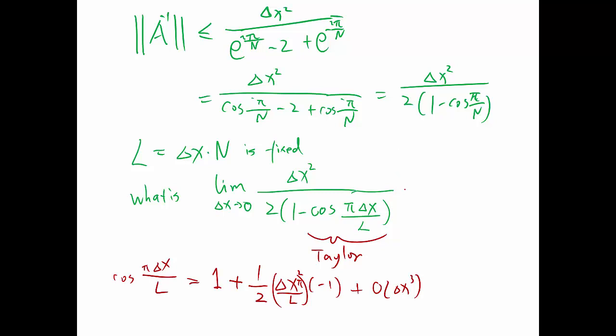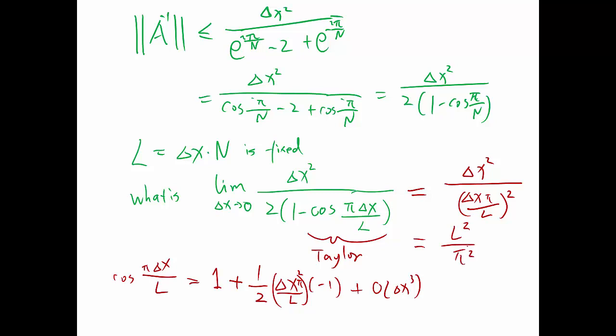All right, now if I substitute this, the 1 and 1 cancel out. The half also cancels out, and what I get is delta x squared over delta x times pi over L squared, and that gives me L squared over pi squared.